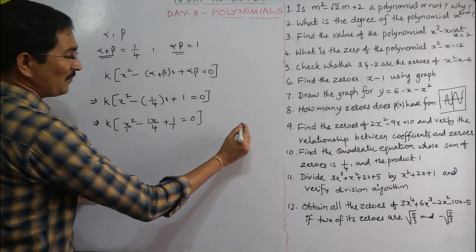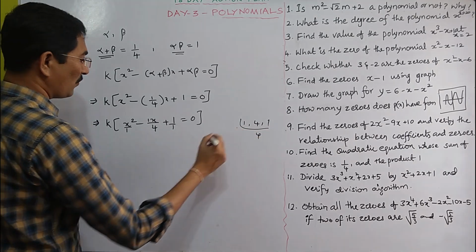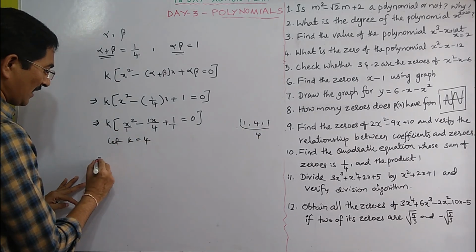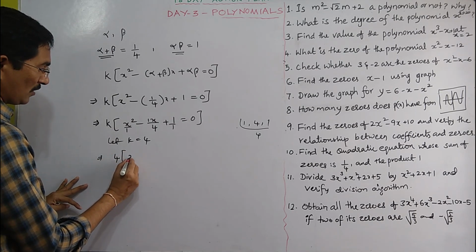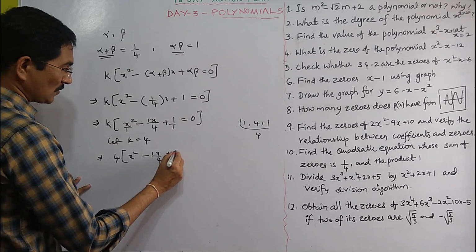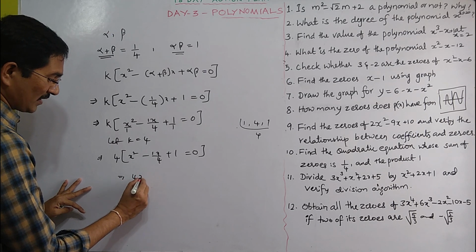So what is the LCM? 1, 4, 1. So the LCM is nothing but 4. So let k be equal to 4. Then what happens? 4 into x square minus 1x by 4 plus 1 is equal to 0. Now 4 multiplied by this is 4x square.